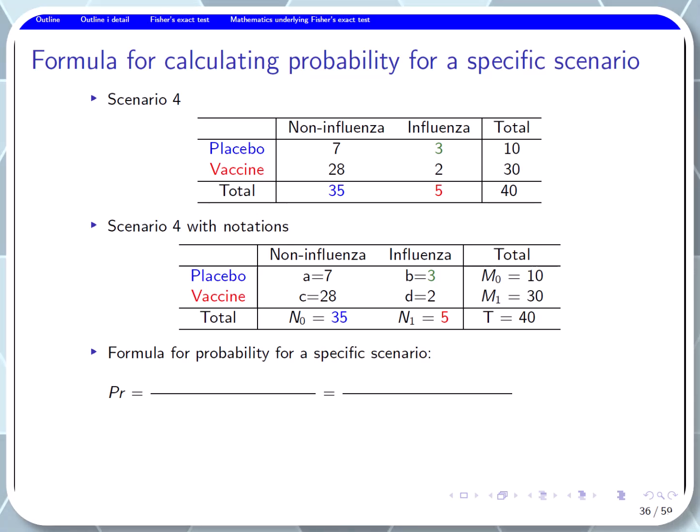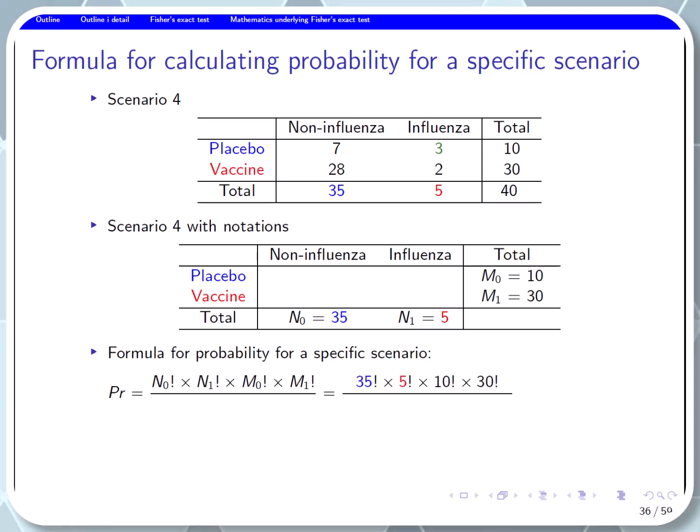Before we calculate two-sided and one-sided p-values for Fisher's exact test, let's review the formula for calculating the probability for a specific scenario. The numerator is the factorials of 35, 5, 10, and 30. If you look at the table, 35, 5, 10, 30 are the margins of the table.